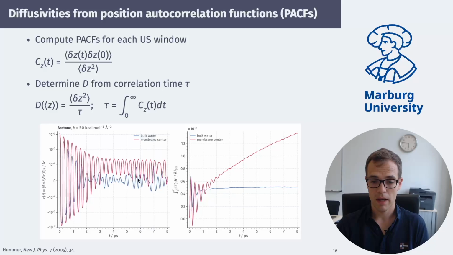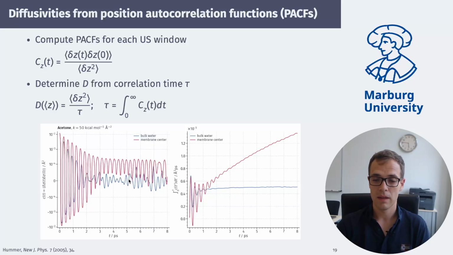The blue line again is acetone being restrained to the bulk water region, and you see that the correlation function oscillates quite a lot because we have a very high harmonic force constant here. Then at a certain point it has decayed to 0, and it continues to be governed by oscillations, but also by noise, and it wiggles around 0.